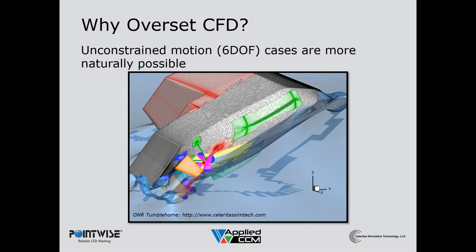Overset just naturally handles these more complex cases where you have unconstrained motion, where the motion is driven by the surface forces through an ODE solver. YouTube is littered with all sorts of beautiful looking animations in FlowViz that show this, and this is the one from Ralph's website, which is on our tumblehome.